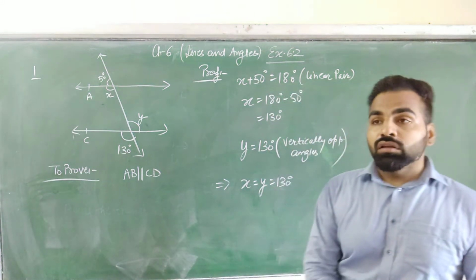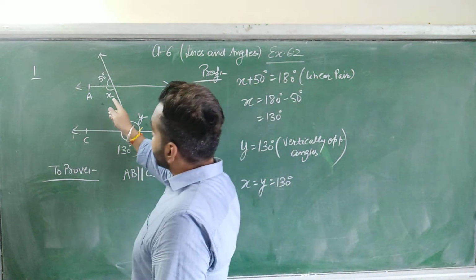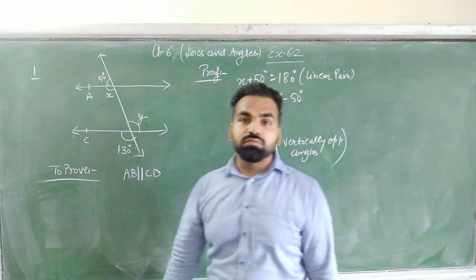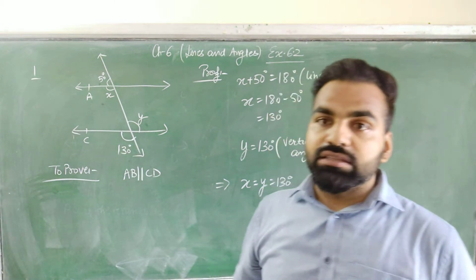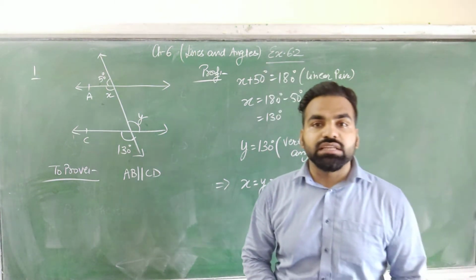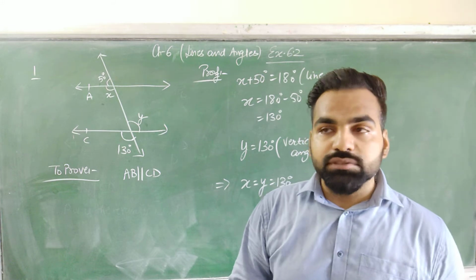Both are equal. And from the figure we can see that this x and y form a pair of alternate angles, and we know that if alternate angles are equal, then the lines become parallel.